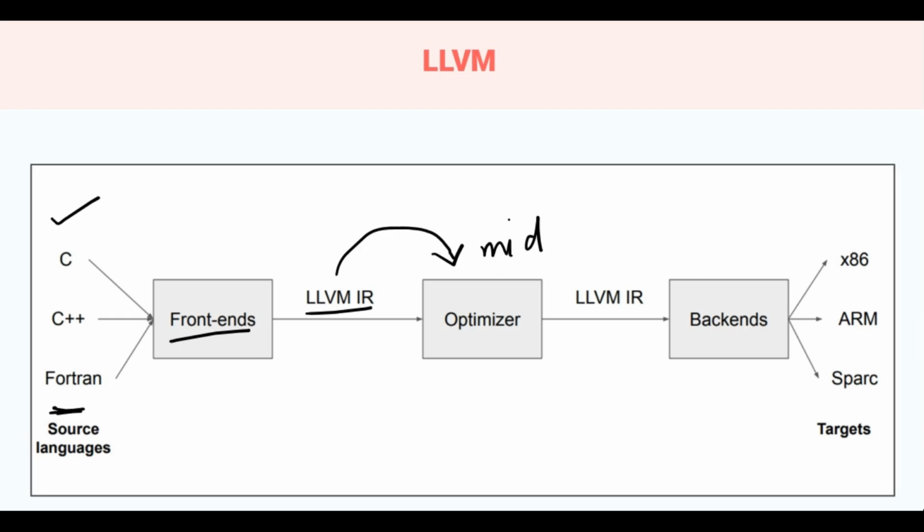It will provide the optimized IR file. Now this optimized IR file will pass through the backend. It will generate target-specific machine code that can be executed, right?